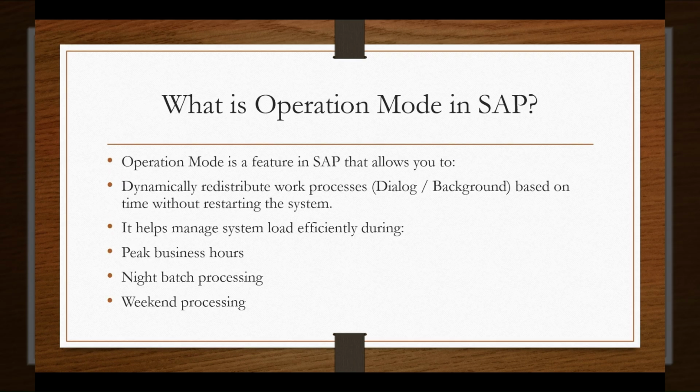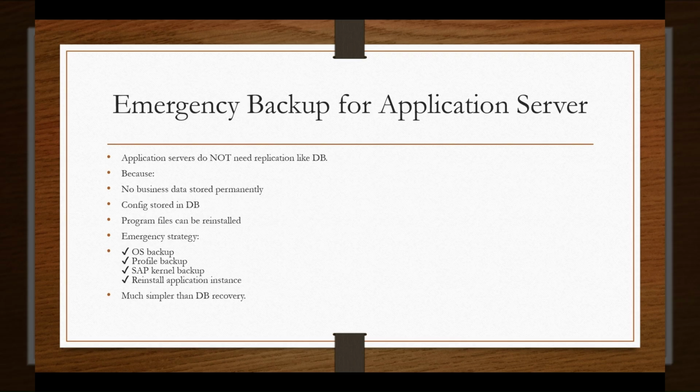To summarize, application server HA or disaster recovery is not as complex as for the DB, because the application is used for execution purposes and the main data lies in the database. In case there is a single host and the host for the application server fails, we can reinstall it in the worst case scenario. That will obviously have downtime, but since our database is secure, there will be no data loss.